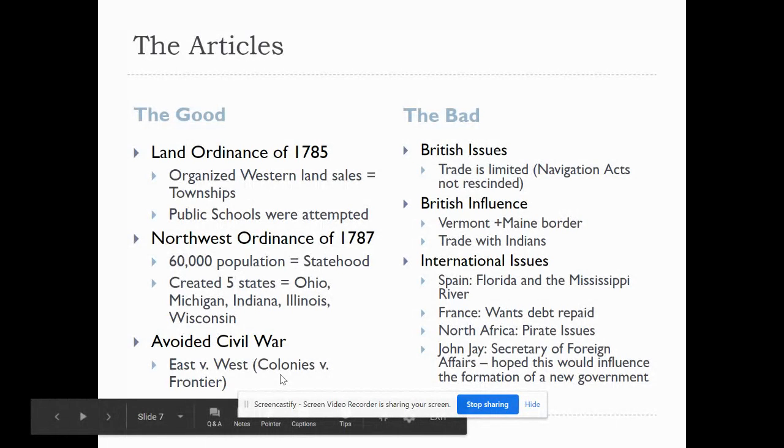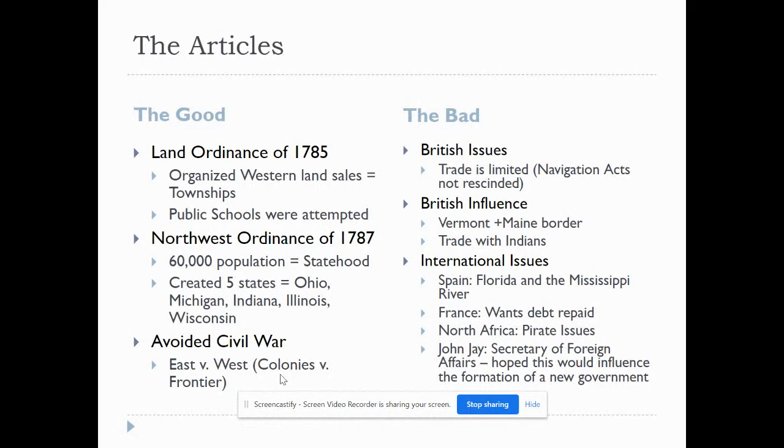Well, there was still that concern at this time period that the Eastern elites were kind of doing their own thing and forgetting about the Western territories. And this is a concern because the British are still out on the Western territories, and you have the influence of the Spanish and the French as well. So the good is that it does avoid, indeed, a civil war between those areas.